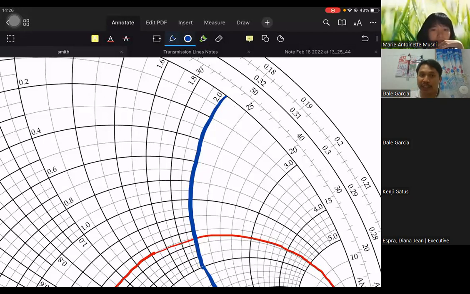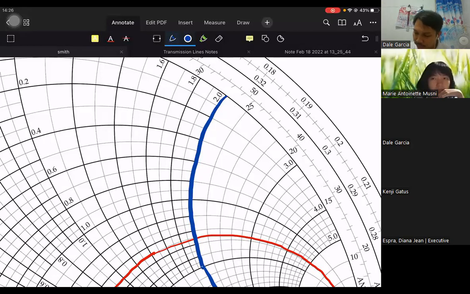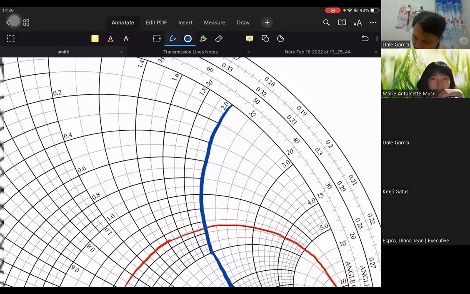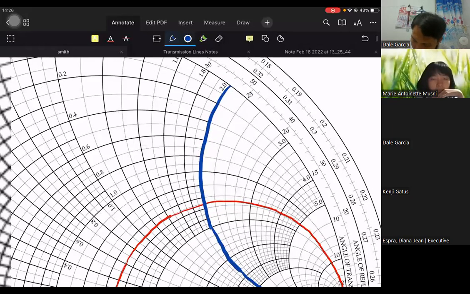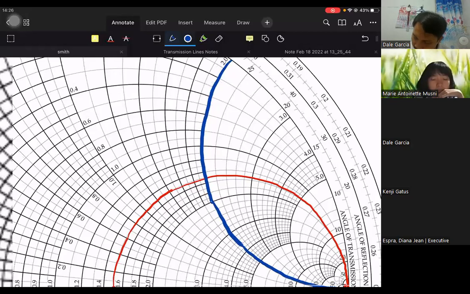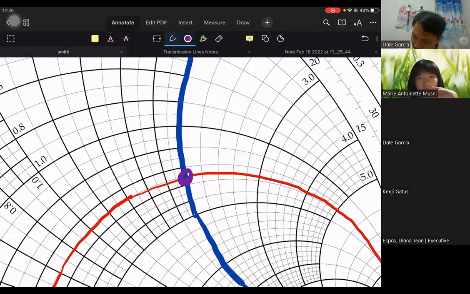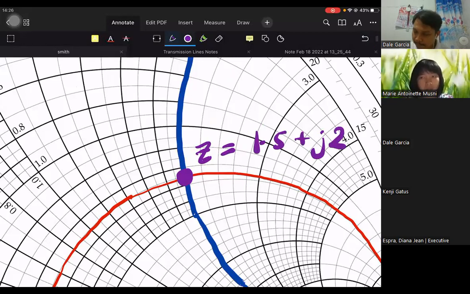So intersection nila, mao na ang atong normalized impedance, which is this one right here. Mao na atong Z of 1.5 plus J2. Okay, human na sa first step.